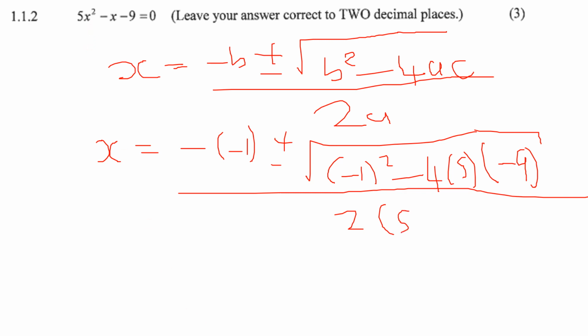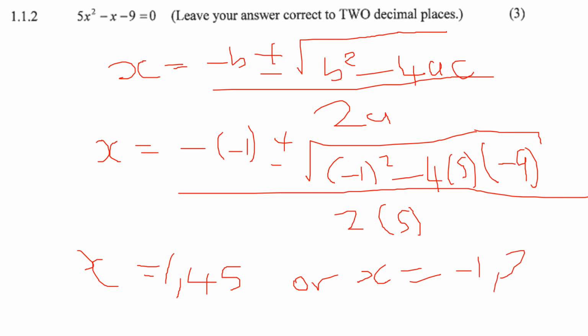So you just substitute 5 here, and then you punch everything as it is on your calculator to get the value of x. So the first value of x will be 1.45, and then when you put the negative sign there, let's check here, the value of x will be negative 1.24.